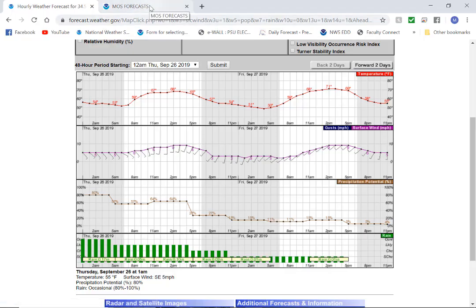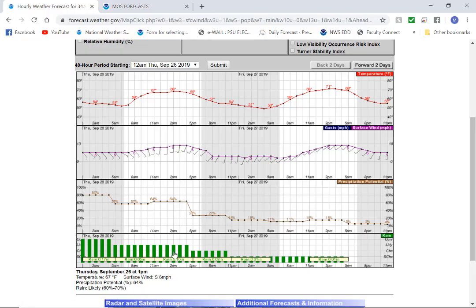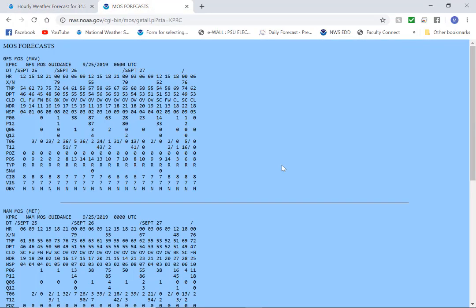So I think staying below 70 would probably be my number. So I would put in a low of about 55 and a high of about 69. And for precipitation for tomorrow, I would select the category 4, the 1/4 an inch to 1/2 an inch precipitation amount.